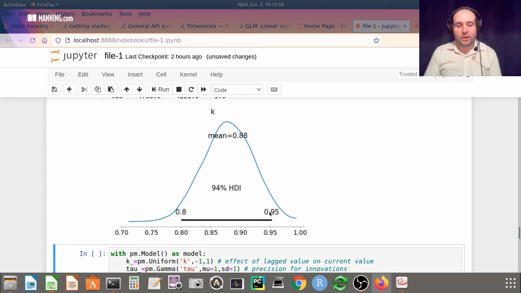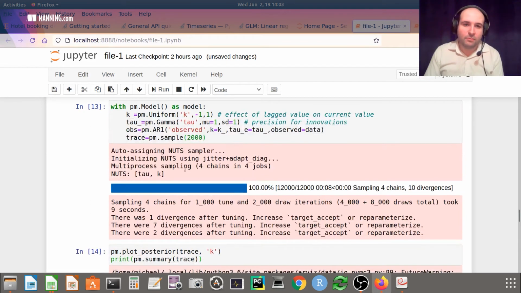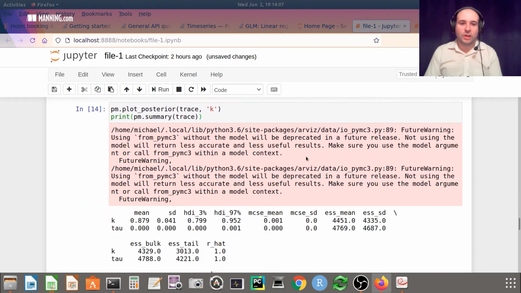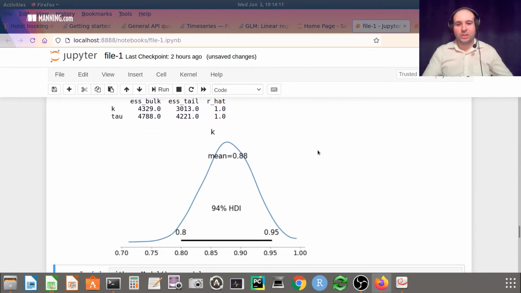And from that regard, we can be reasonably confident that it is following an AR1 process. And again, because we've generated 2000 different samples, we're generating 2000 different potential paths or observations for hotel cancellations.